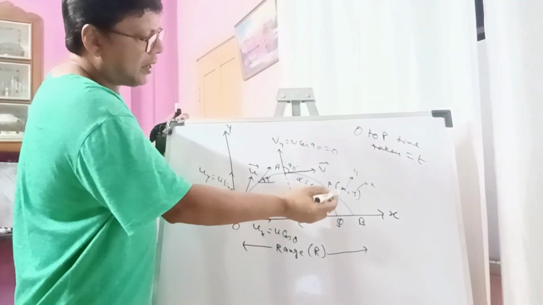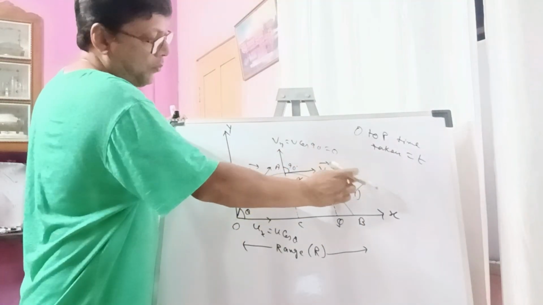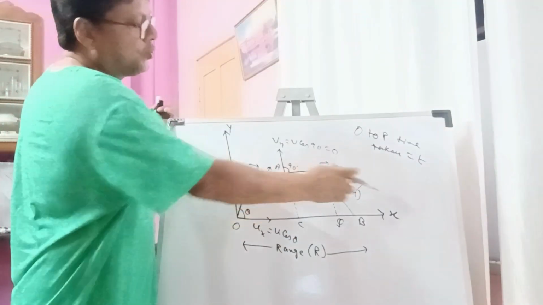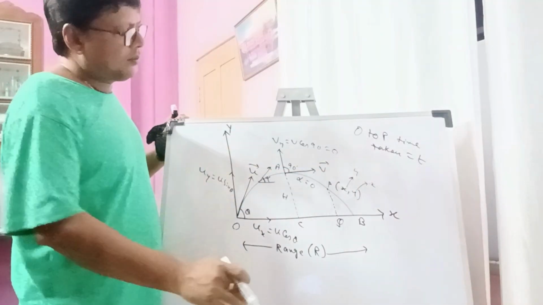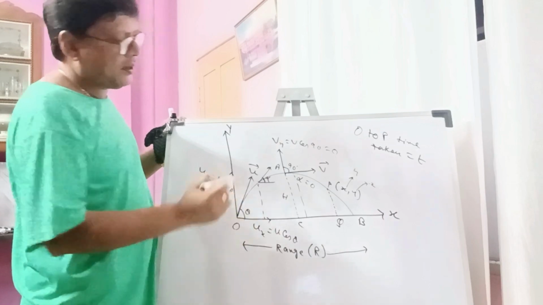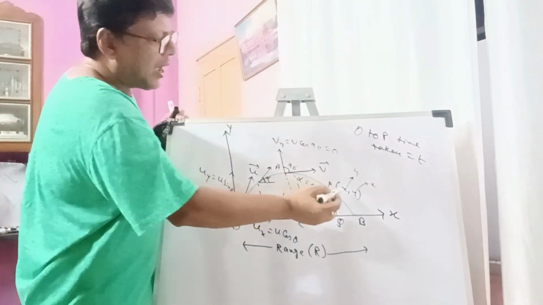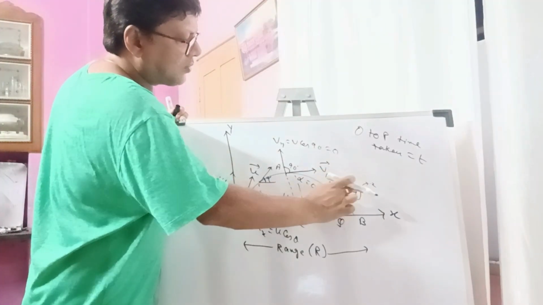But I will not take OQ equals 4, I will take x, because we can't take 4 or 2 here, as it would be a fixed point, but it is not that. Maybe that point is here also, P. So we take an arbitrary point, an arbitrary Cartesian coordinate x, y.